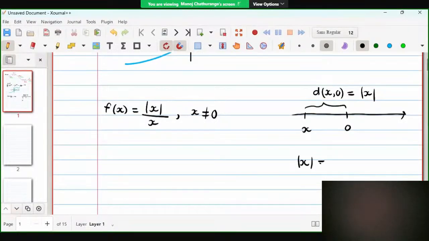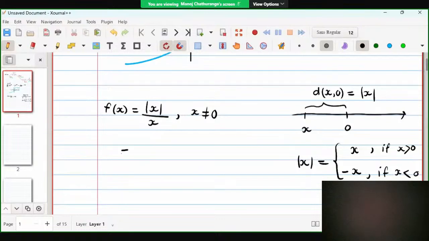By our definition, if x is positive, the absolute value is just x. If x is negative, we need to change its sign, so we multiply by a minus sign. For example, if x is negative 2, then minus of that is plus 2.